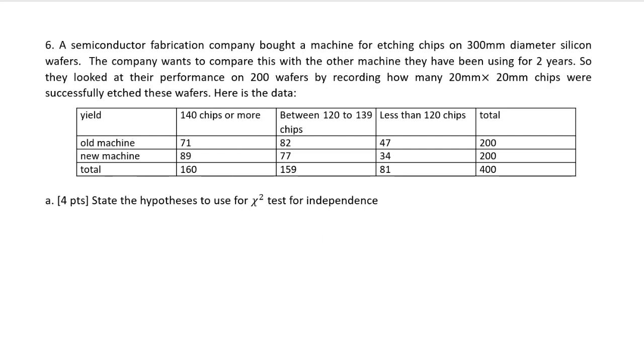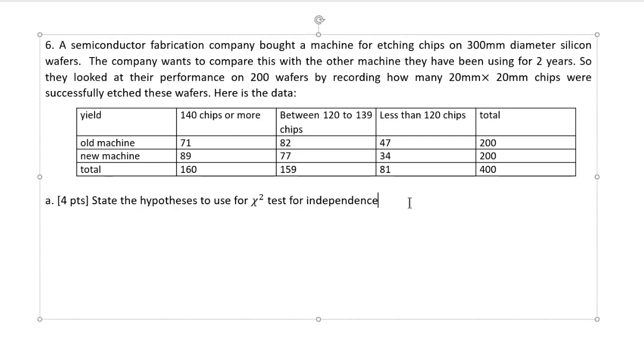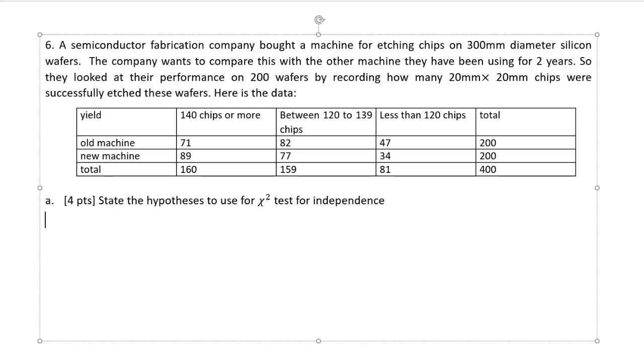All right. So state the hypotheses to use for chi-square test for independence. And here you have to know that the null hypothesis for the chi-square test is a bit different.